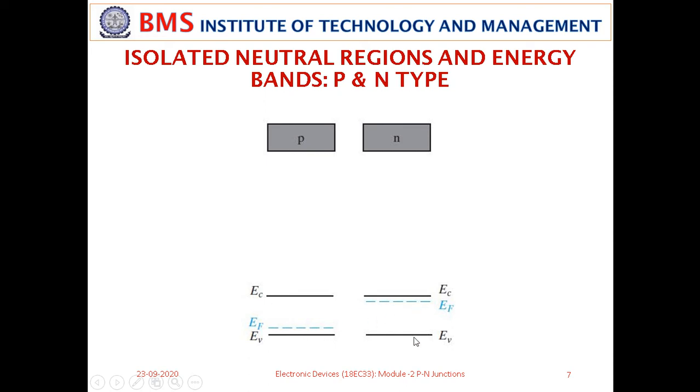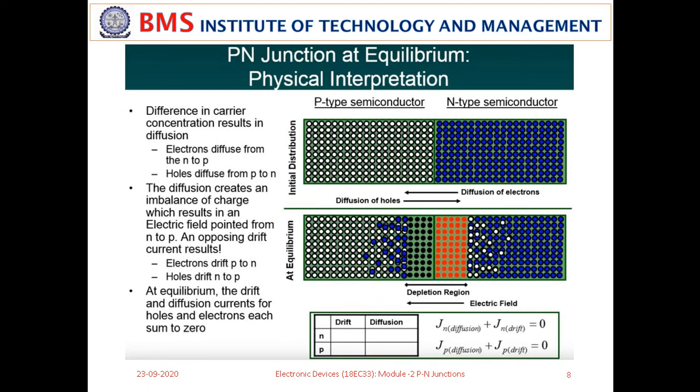This goes down, this remains here, this goes up, because these electrons fill the empty positions. Electrons occupy these positions, therefore this Fermi level has been raised. Once the Fermi levels get aligned, band bending happens.